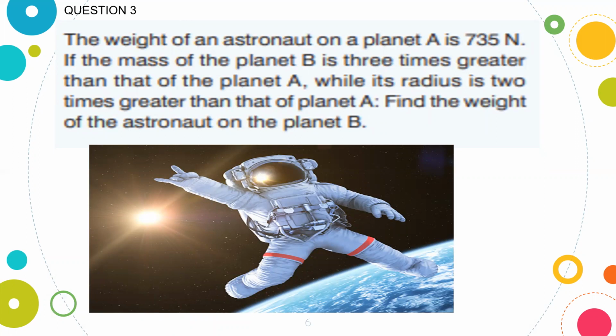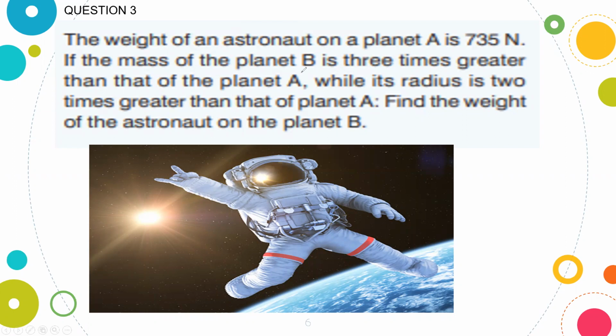The weight of this man is 735 newtons. Maybe you can ask how it's possible. Weight, guys, is not mass. In our daily life, we just use weight as mass, but it is wrong. Weight is different, mass is different. Weight equals mass times gravitational acceleration. For now, he is on the surface of planet A, 735 newtons.